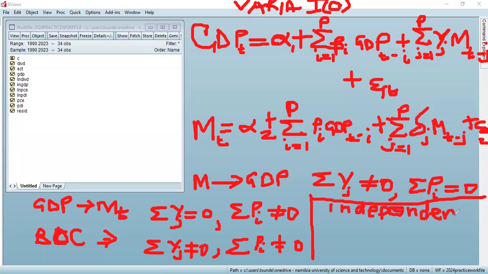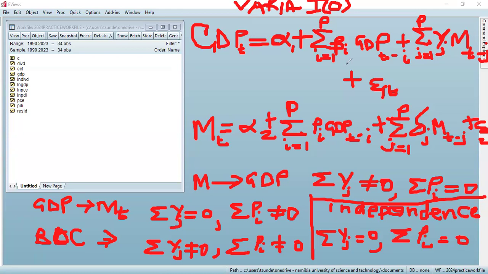The condition for independence is that the summation of gamma j's is equal to 0, and also the summation of the rho i's is equal to 0. So these are the 4 conditions of causality that we discussed.